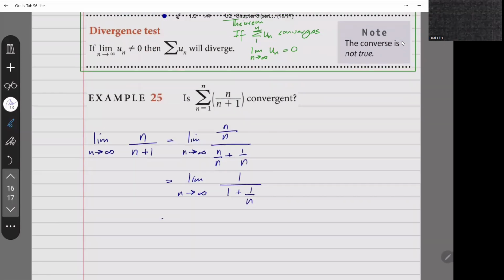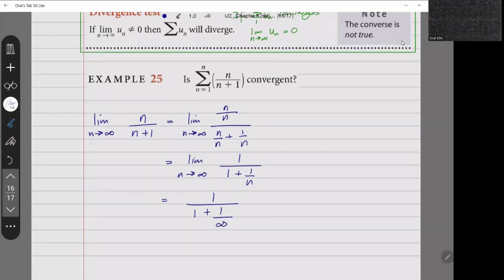Direct substitution, this is 1 over 1 plus 1 over infinity. This is going to be equal to 1 over 1 plus 0, which is equal to 1.